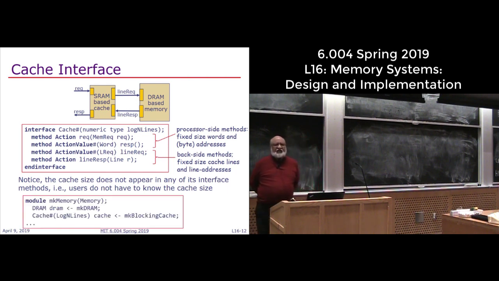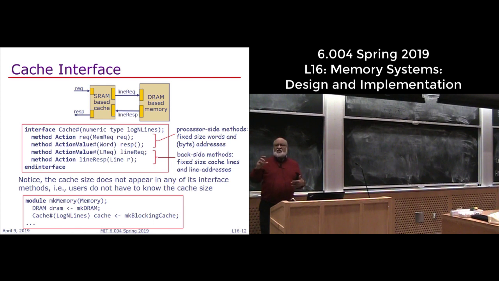And this is kind of important because the processor doesn't know how big a cache you have. In fact, we will do many experiments where we keep the processor constant, but we change the size of the cache, or we change the cache internally. So it's important that the interface is not affected.